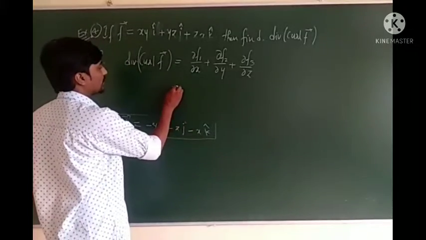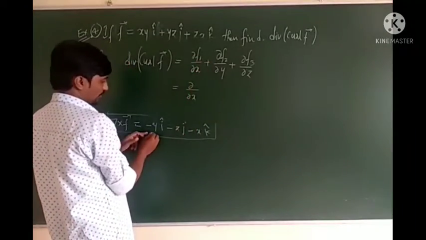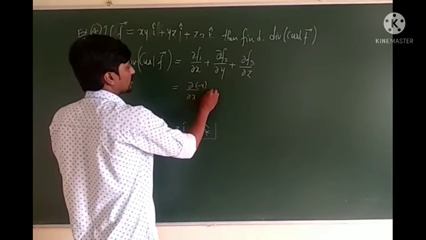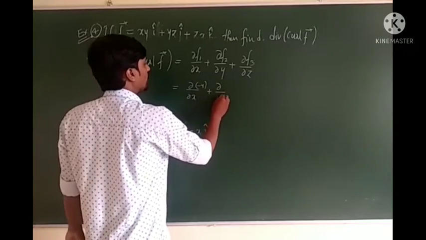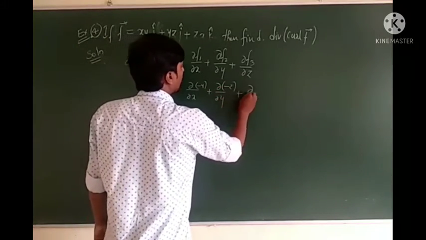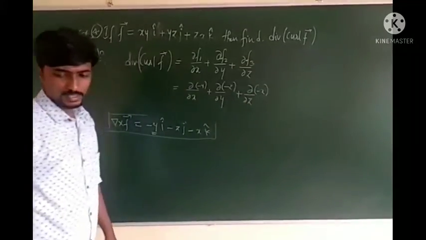Therefore this becomes dou by dou x of f1. From this I can take your f1 value, it is minus y, next plus dou by dou y of minus z, plus dou by dou z of minus x here.